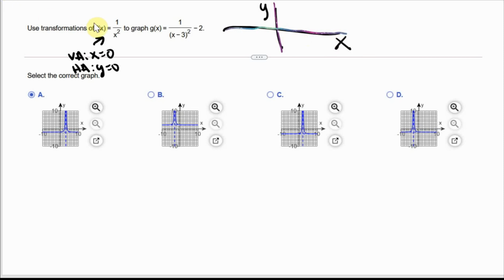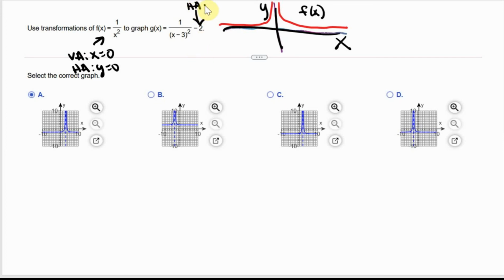And since the graph always wants to ride along with the asymptotes, and since it's always positive, that means this graph exists here, and it does that. Now, this is for the function f of x. So we're going to do some shifting. Now, this -2 represents the horizontal asymptote.